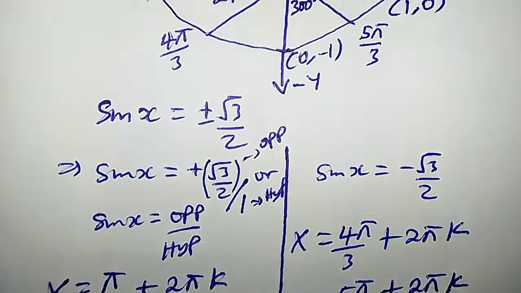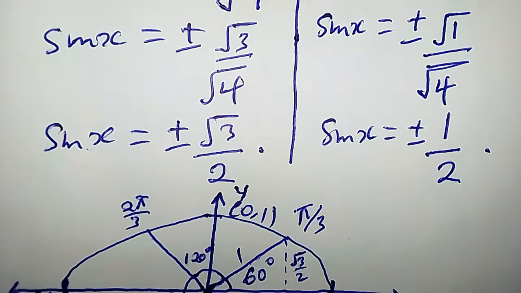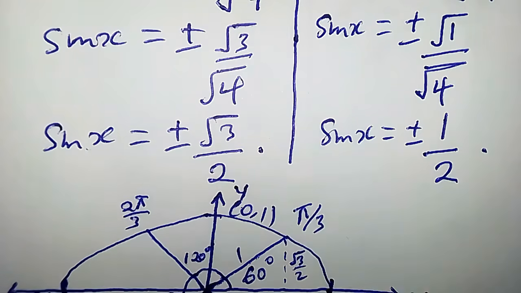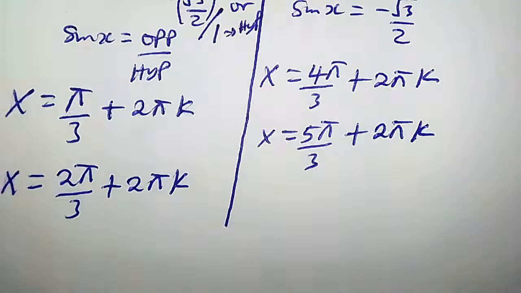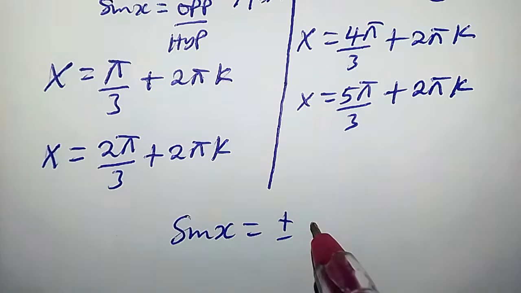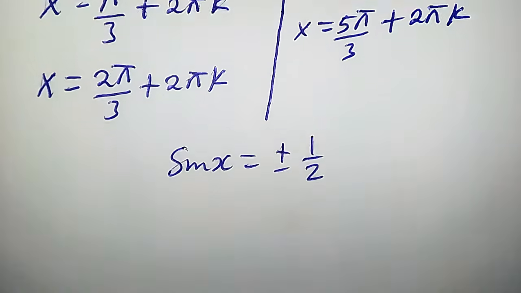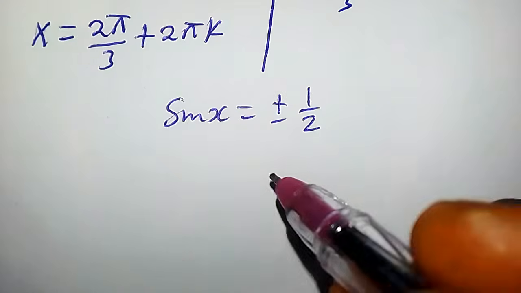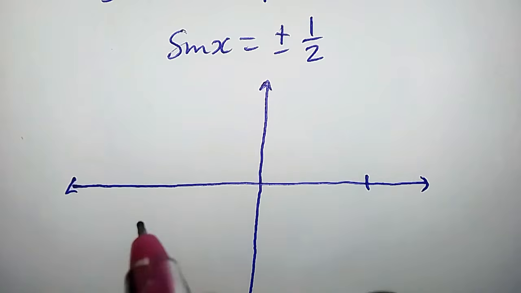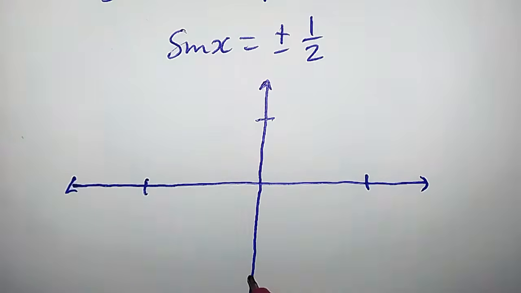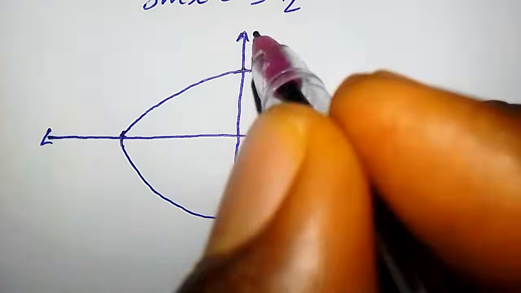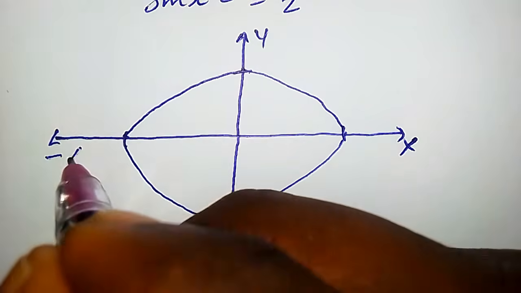What we have to do now is to consider the other value of sin x, that is sin x equals plus or minus 1 divided by 2. For sin x equal to plus or minus 1 over 2, let's draw another coordinate plane with 1 unit. This is the x-axis, this is the negative y-axis, this is the y-axis, this is the negative x-axis.